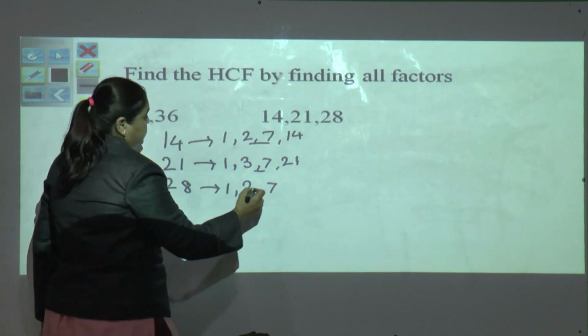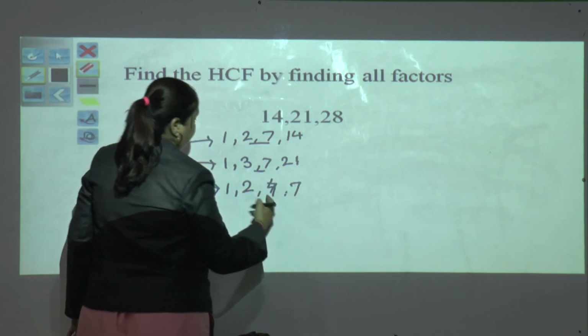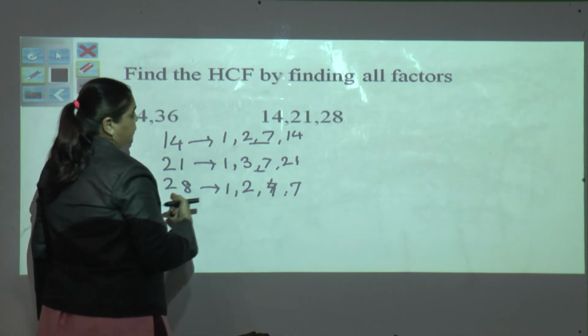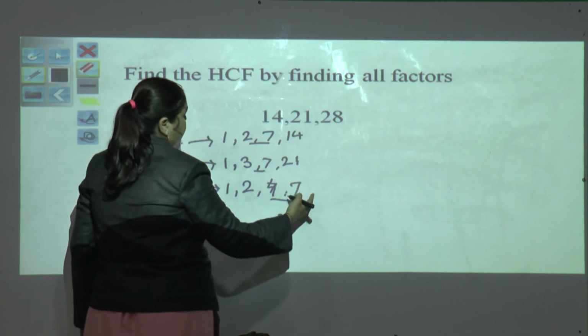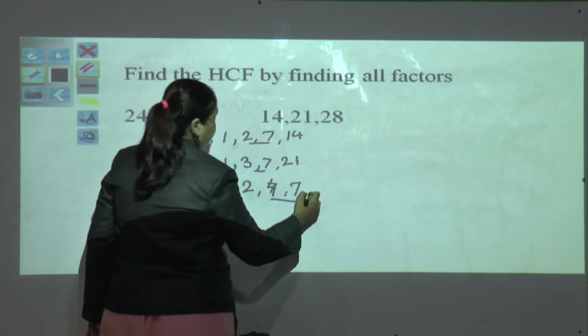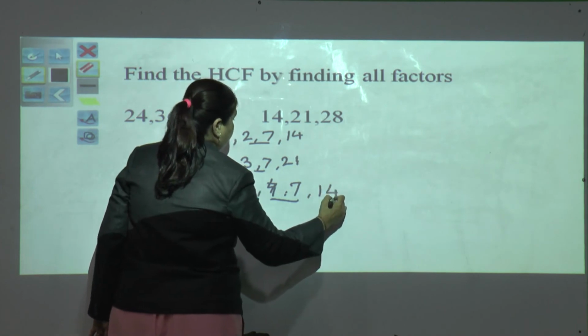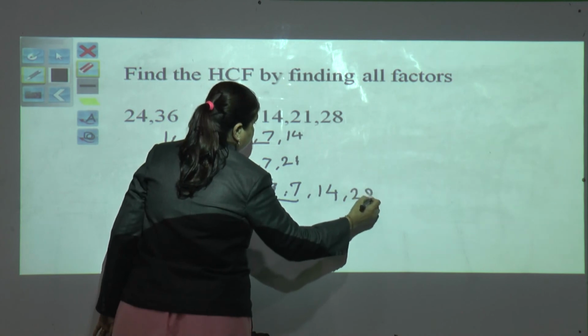So this is 4 and this will be 7. 4 7s are 28. So again we got a bridge here, and we can find the factors: 2, how much? 14 2s are 28, and 1 28 is 28.